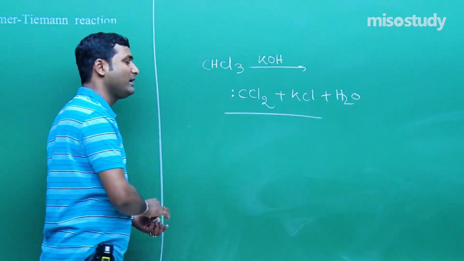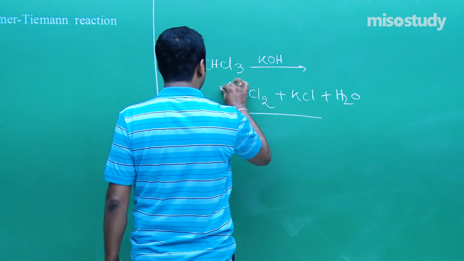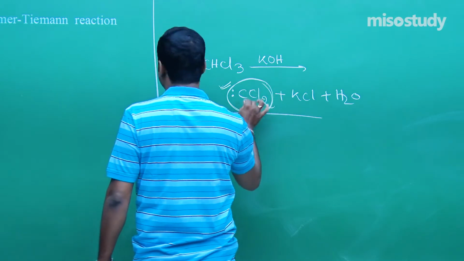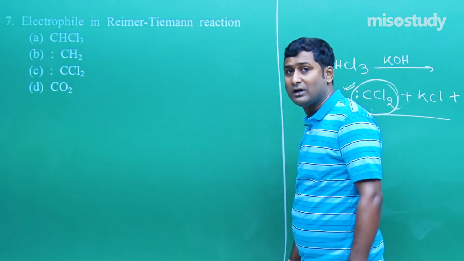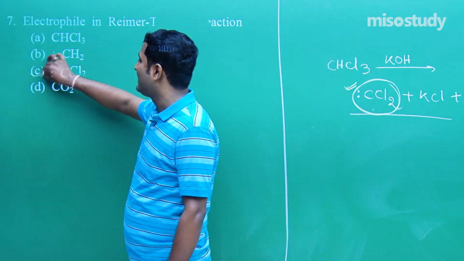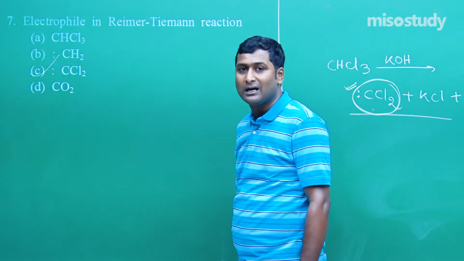This is the intermediate formation which further attacks and the reaction proceeds. So in the Reimer-Tiemann reaction, CCl2 is the electrophile. So for this question, we can say C is the correct option. For question number 7, C is the correct option.